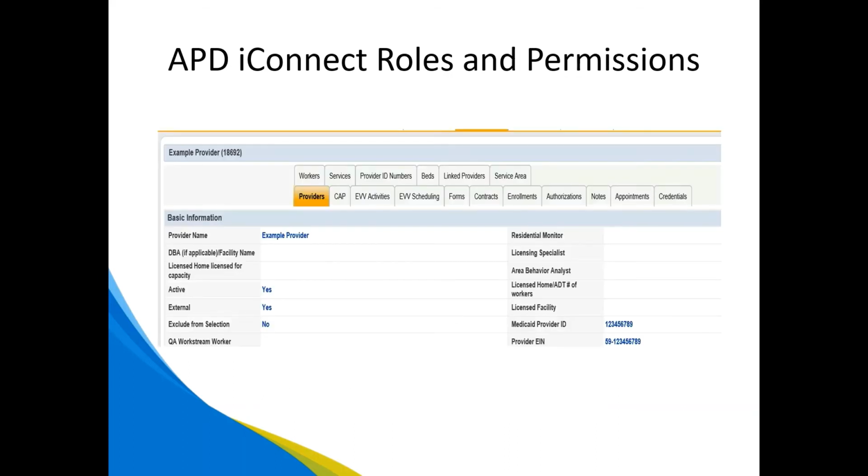This is an example of what you will see when you log into APD iConnect with the service provider role. You'll get more in-depth information about what each of these tabs do within your provider record, but just wanted to have you take a look at this. So again, you can think about some of the information that the role is able to access and who you really want to give that level of permission to.